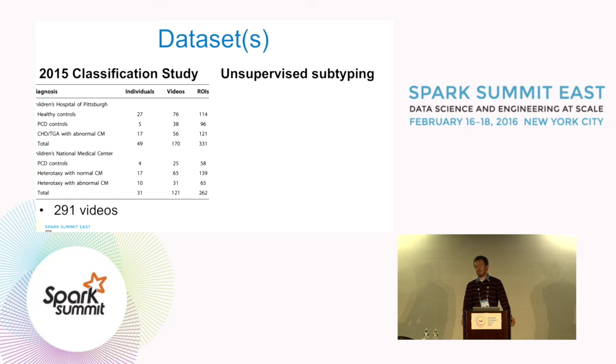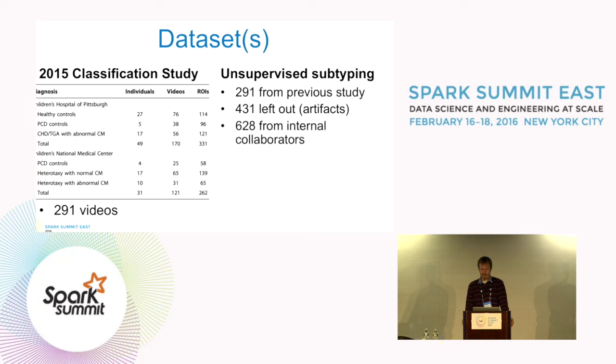For unsupervised subtyping, we have the 291 from the previous study, 431 that we left out because of usually a recording artifact, but which we're now going to put back in. 628 that we've collected from our internal collaborators, and over 1,000 from collaborators around the world.